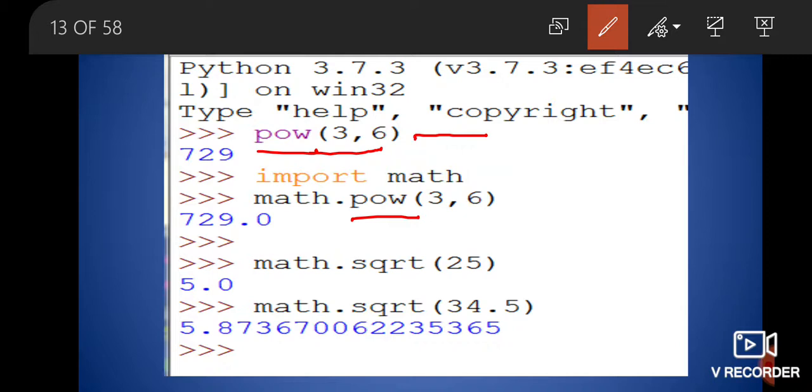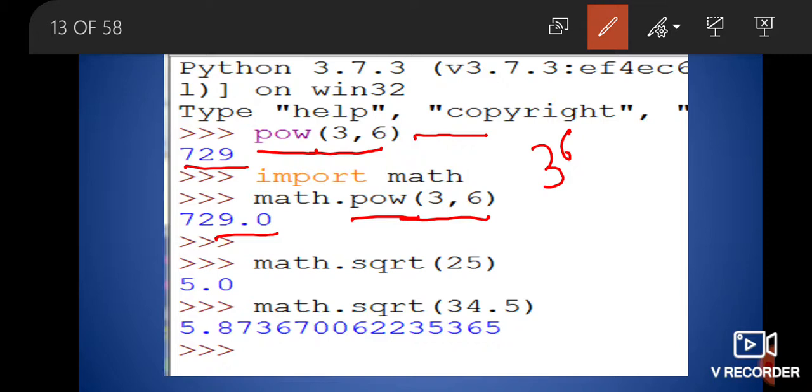And see what it is returning, 729. So it has calculated 3 raised to power 6 and it has returned the result in the form of an integer value. But when I do the same operation with the help of the pow function of the math module, you get the answer as 729.0.